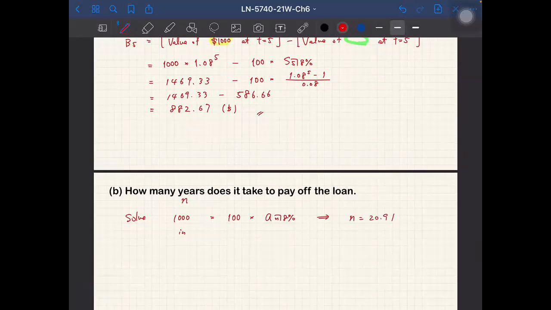So 1,000 is the present value, 100 is each payment amount, and 8% is the interest rate. In the BA II Plus, if you input this, then n is equal to 20.91.